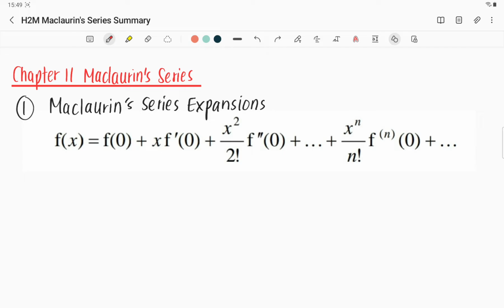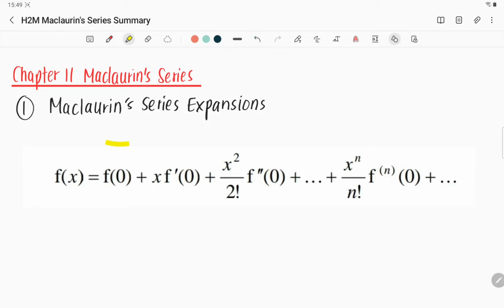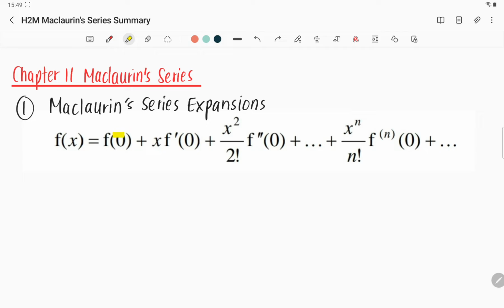Let's start with f of 0 followed by f prime 0 and of course the respective f primes. What do all these actually represent?